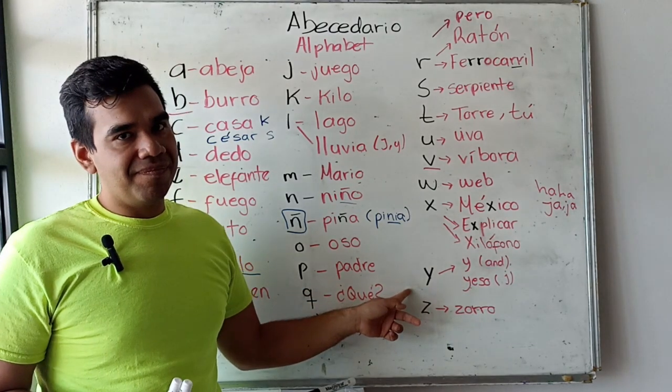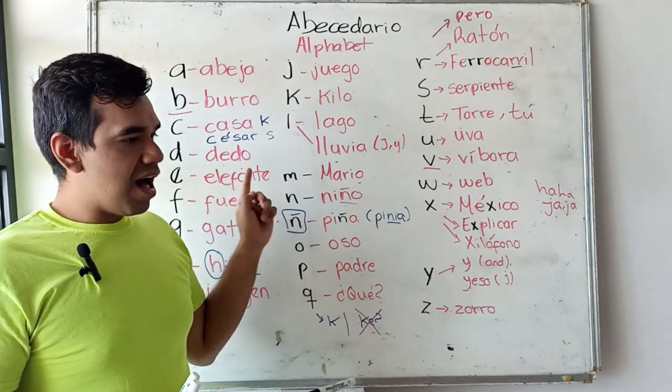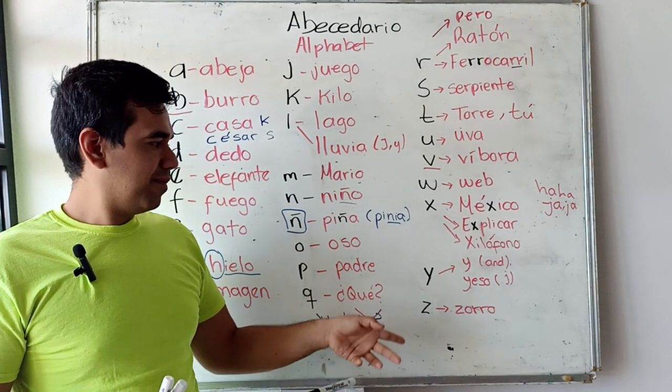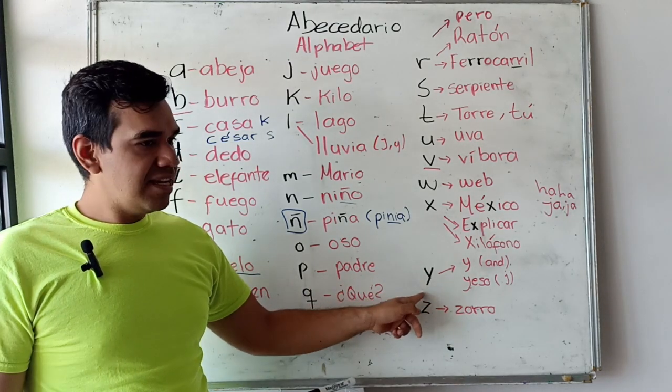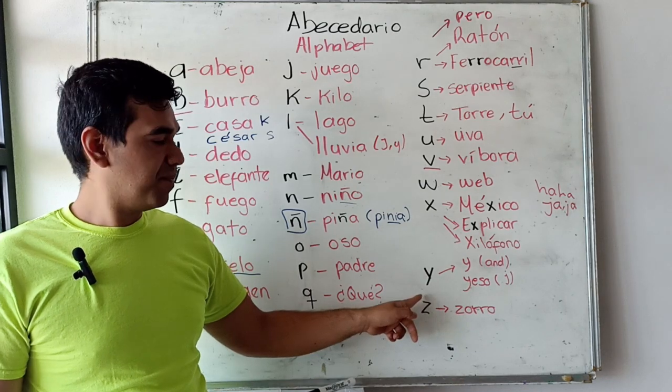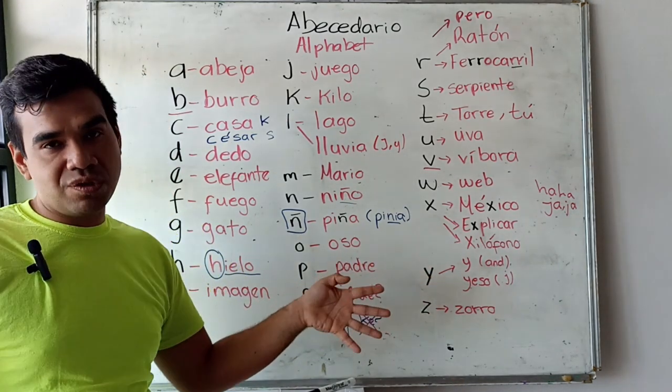Y. It literally means Greek I, okay? Y. This letter has two ways to pronounce it.